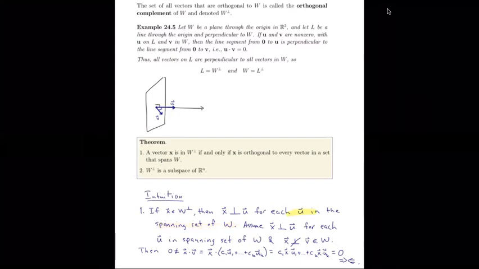So that was the easy direction. We get that one immediately.